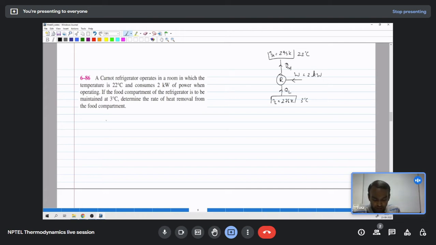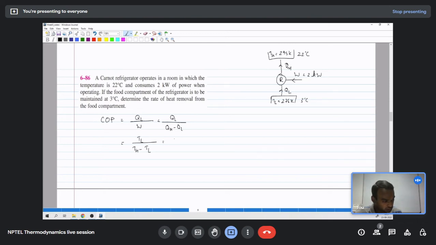So we can calculate the COP. COP is given by desired output by input. Desired output here is QL and the energy input is W, and W is given by QH minus QL. So this can be written using temperatures as TL divided by TH minus TL.